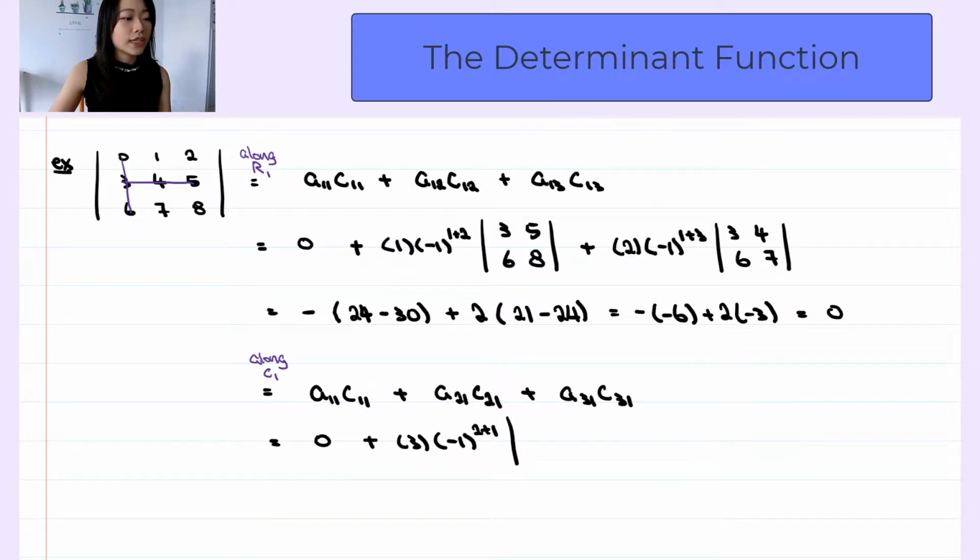And the 4 entries that are left are 1, 2, 7, and 8.